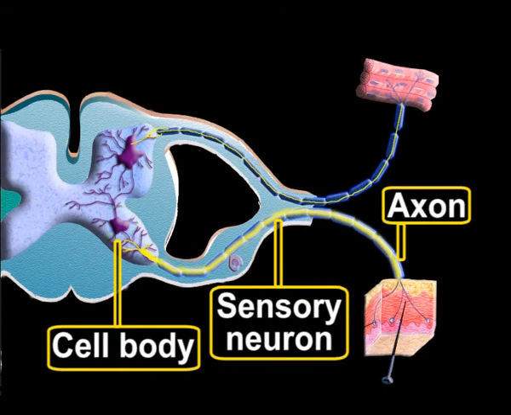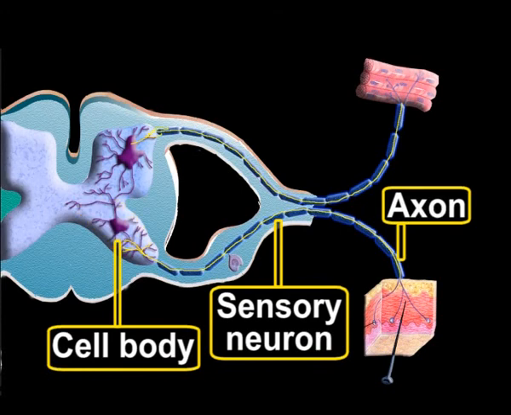The cell body of a sensory neuron is located in the dorsal root ganglion present just outside the spinal cord. From the cell body, the impulses continue along the axon of the sensory neuron.